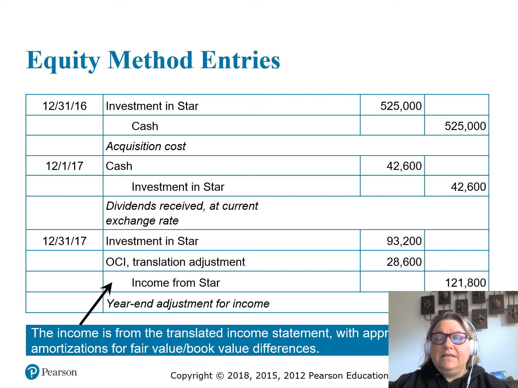So here is an example of OCI. You can see right here, and I was talking about those gains and losses, it goes in as translation adjustment. You can see here the acquisition cost, the cash, and then here's the translation adjustment at the end of the year, which comes in as a debit.